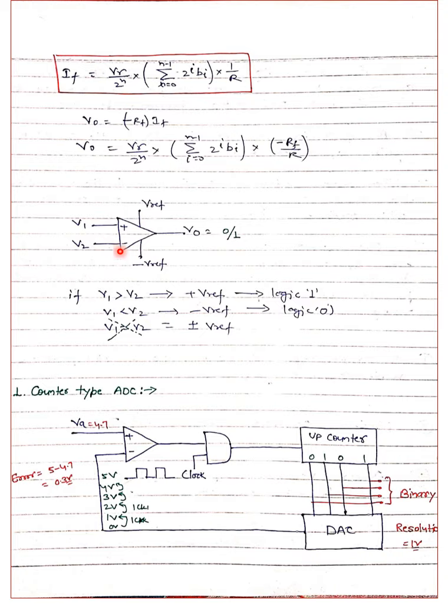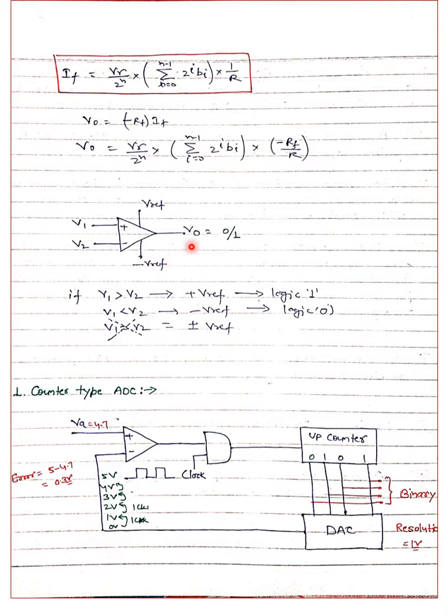You can see here that in this circuit there is no feedback network, so the output is either plus V reference or minus V reference. Plus V reference and minus V reference are the supply voltages.